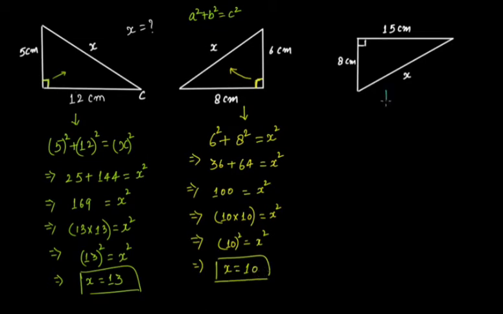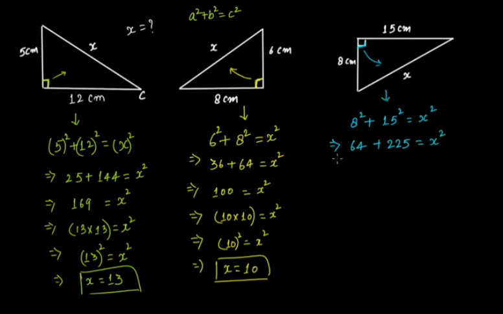Now here, in this case, this is a right angle triangle, and the right angle here, the opposite side is this one. Again, the hypotenuse is x. If you solve for this one, it will be 8 square plus 15 square is equal to x square. And if you solve this one, this will be 64 plus 225 is equal to x square.